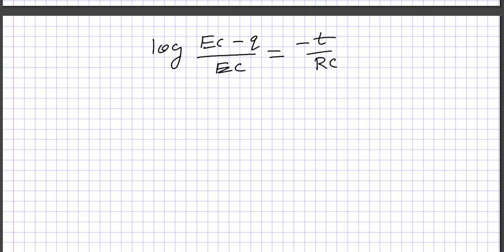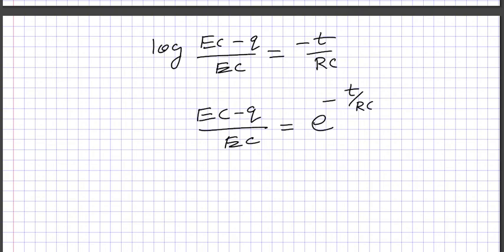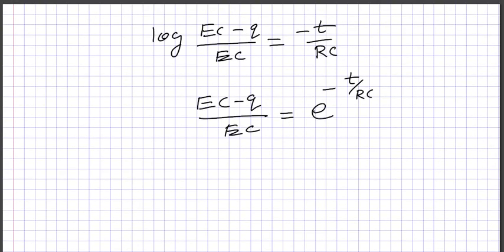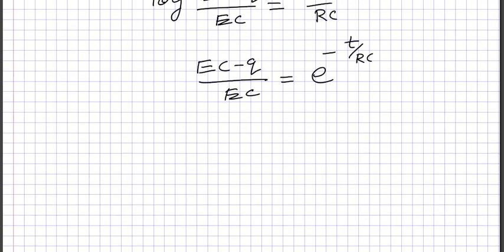Again, taking the exponential, you get (EC minus q) by EC is equal to e to the power minus t by RC. The opposite of logarithm is the exponential function, so when logarithm crosses the equal sign, it becomes exponential. So EC minus q is equal to EC into e to the power minus t by RC.